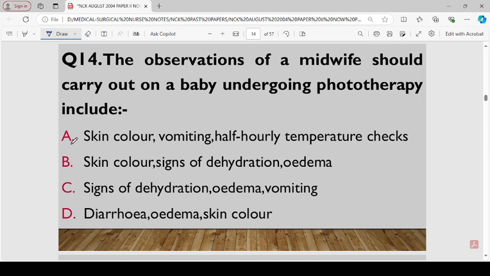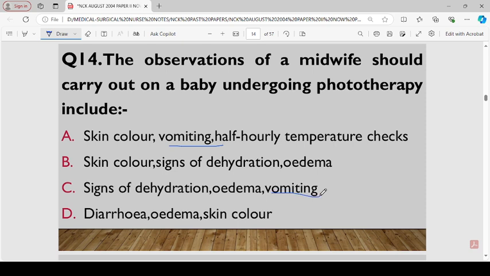The observation a midwife should carry out on a baby undergoing phototherapy include... Phototherapy, that is an important session for patients who are presenting with what? Yes. Vomiting is not an expected side effect, so this one we will have to remove automatically, and you can see it's still appearing here.